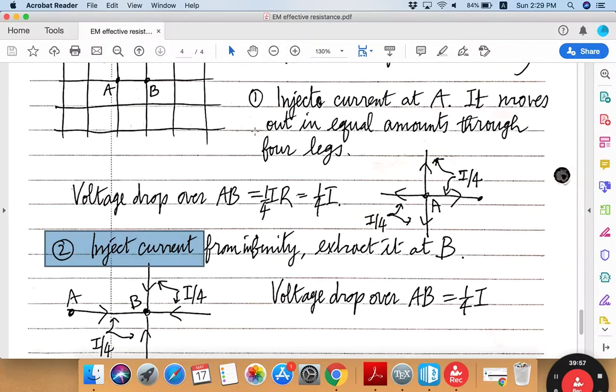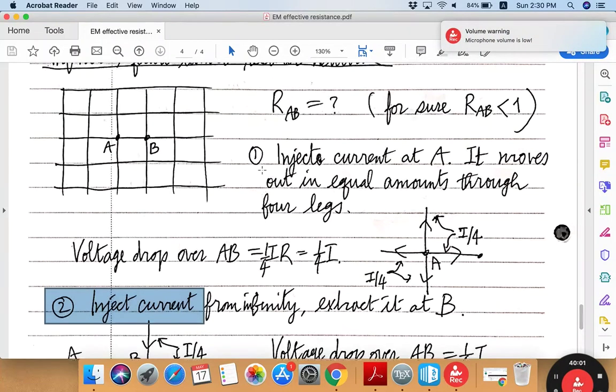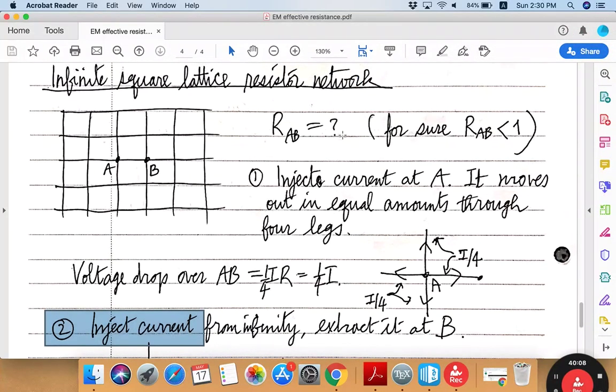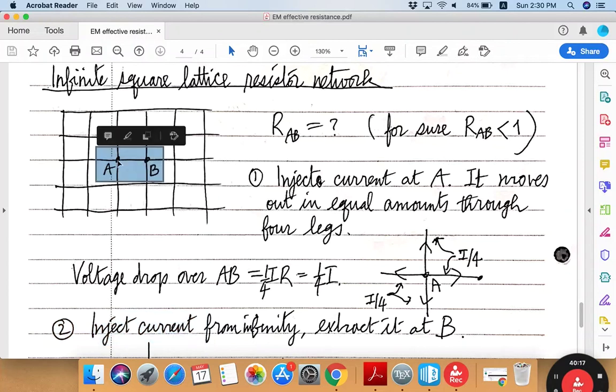And that's the idea of superposition. So when you superpose these two situations, all this nonsense about current flowing in and flowing out at infinity cancels out. The net effect is that you inject current from point A and extract it at point B. And that's exactly the situation we wanted to consider in the beginning.